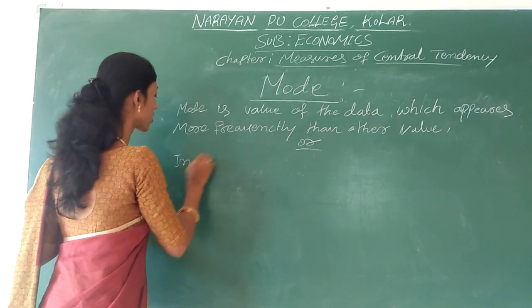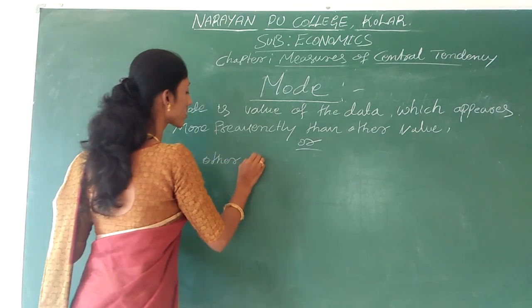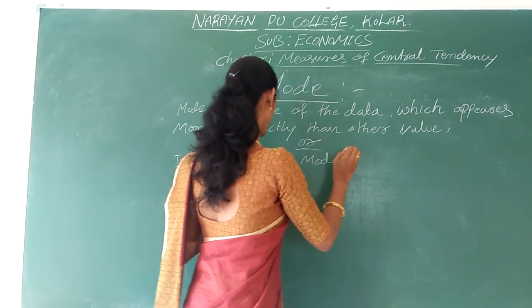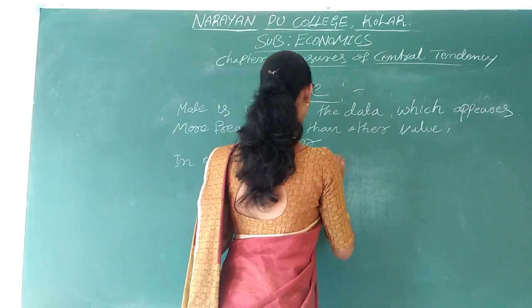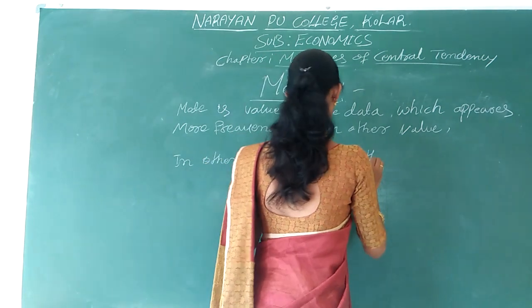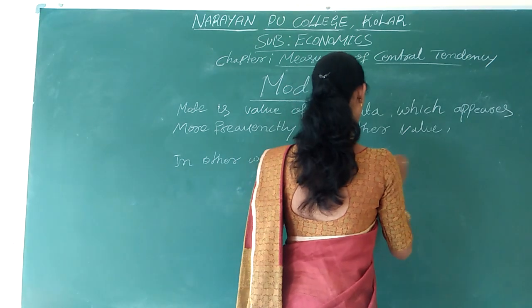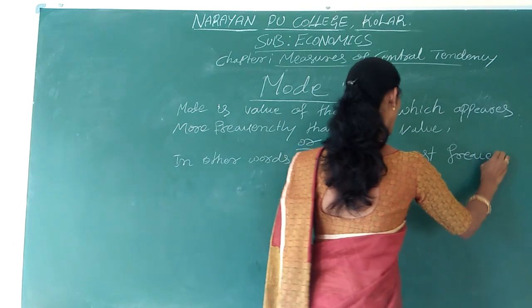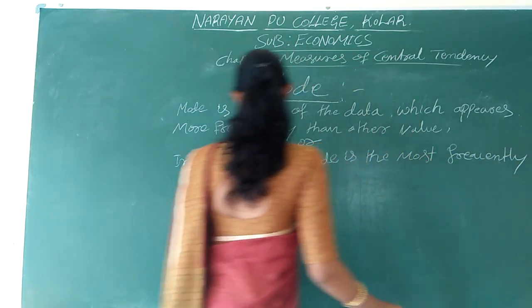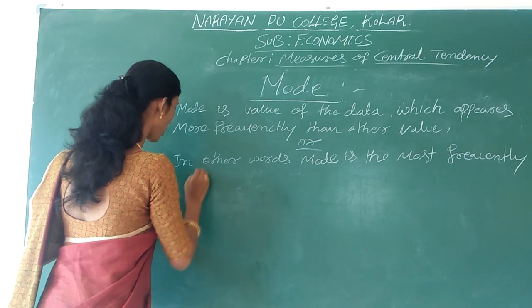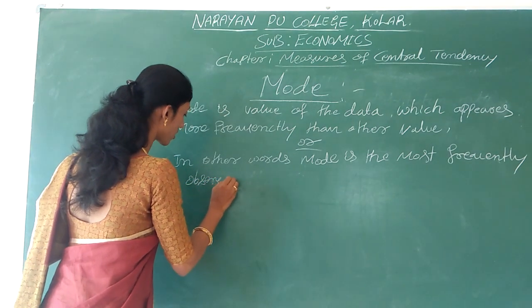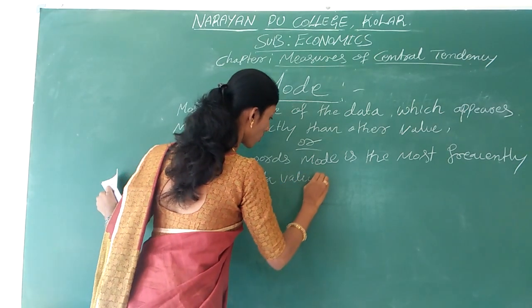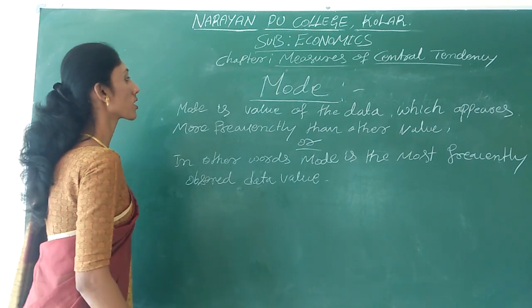Or else take one more meaning. In other words, mode is the most frequently observed data value. Got it now?